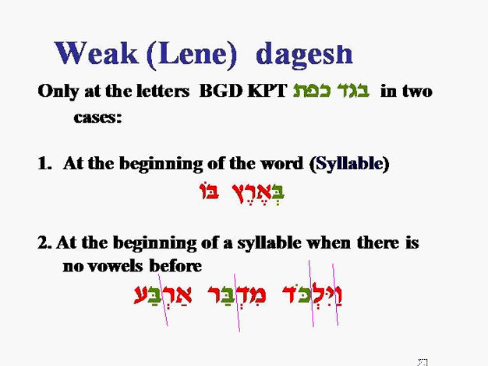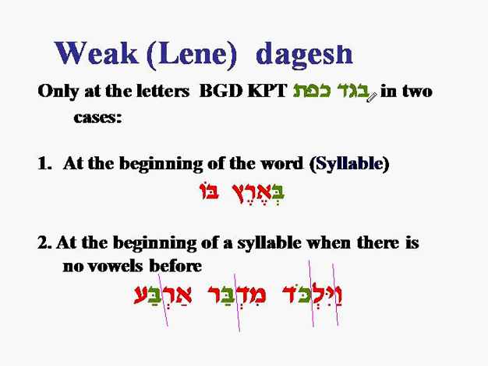What was the purpose of the Lene Dagesh? Why do we actually have this Lene Dagesh? Because originally it indicated the plosive pronunciations of those 6 letters as opposed to fricative pronunciations. What do I mean?